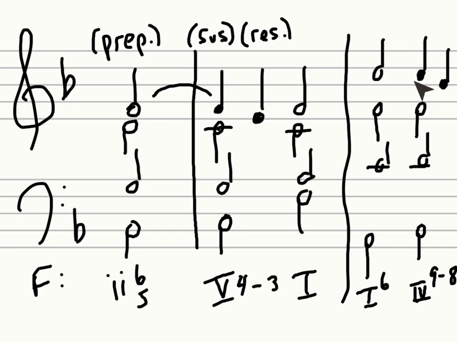Instead of a tie, we just play the C again. Preparation C is consonant with the A. The A moves to B flat, so now the C is dissonant. That's a ninth above the B flat. That goes down by step to another B flat. So in this case, the note of resolution B flat is already there in the bass. That's a feature of the 9/8 suspension.